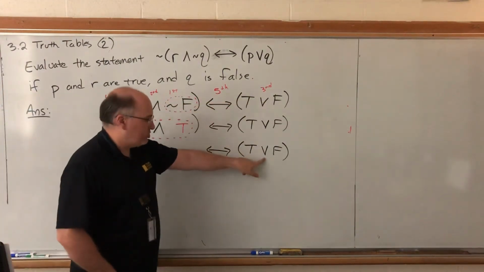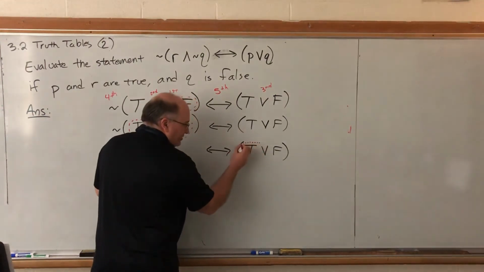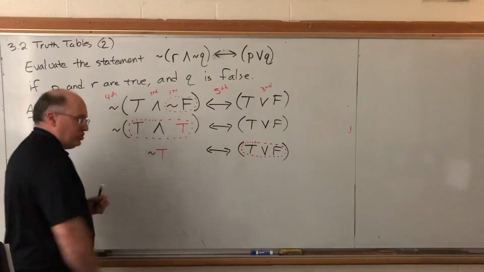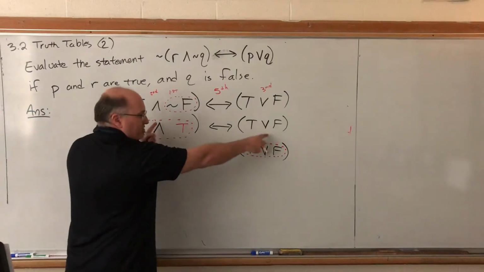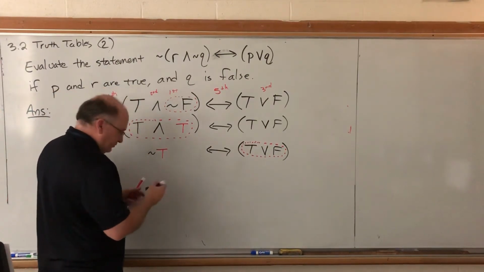Third was the disjunction, so now we go over here. And some of you might be thinking, couldn't we have done the disjunction at the same time that we did the conjunction over here? And the answer is yes, because these two don't interfere with each other. They could have been done simultaneously. But I digress.